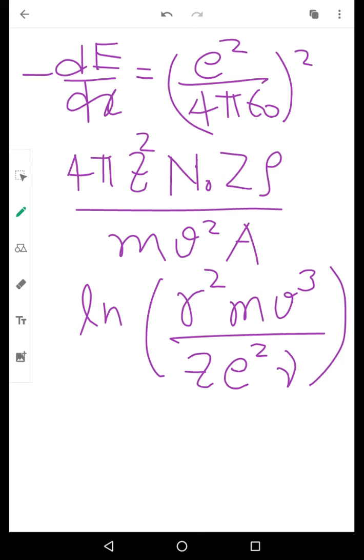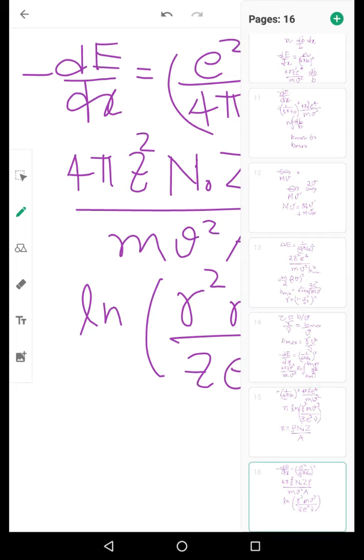But here one more thing you can add. You can express this in terms of the electron radius as well, and the correction done by Bloch is given like this.